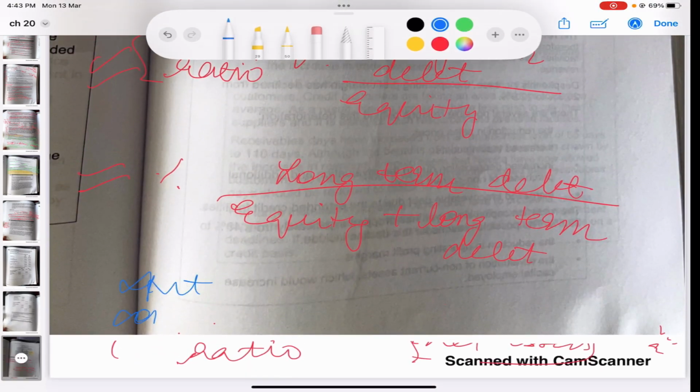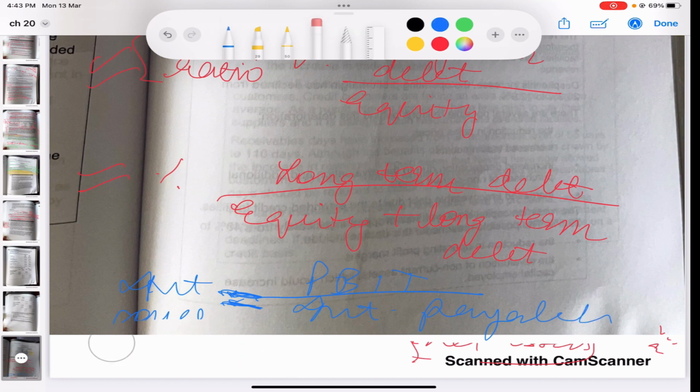What is the formula? Profit before interest and tax divided by interest payable. That's it. We are done with all the formulas in the entire chapter.